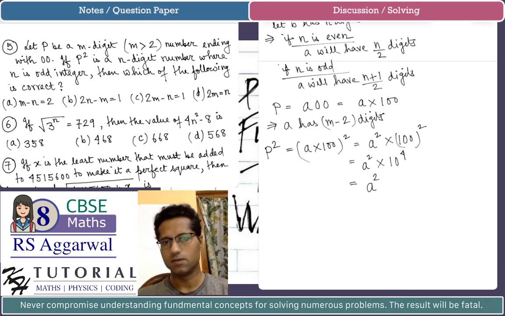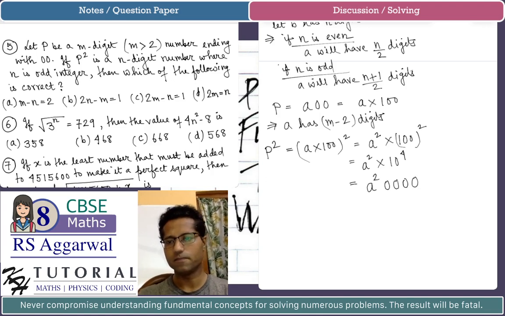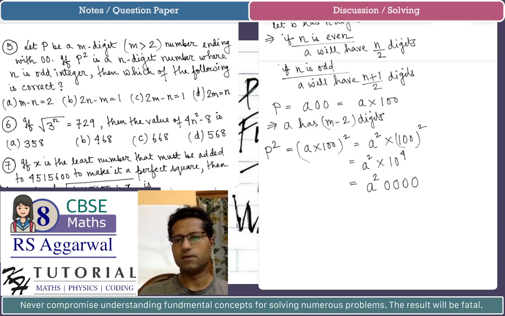It will have some digits, and this number P square will obviously end with 4 zeros, because the number P is ending with 2 zeros. As you can see, P square is equal to A square multiplied by 10 to the power 4. 10 to the power 4 means 1 and 4 zeros. So P square is of the form A square 0000, where A square is some number having some number of digits.